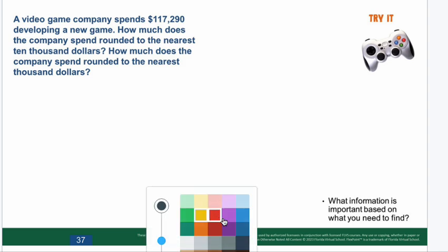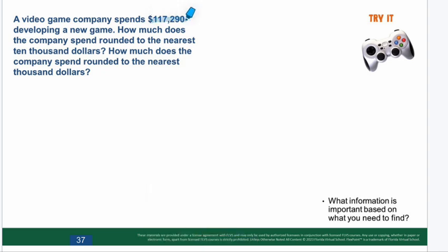Okay, so I want this highlighter. Let's do this. So I know I'm spending this amount of money. I need to round it to the nearest 10,000. And then I want to know how much they spend rounded to the nearest 1,000. Okay.